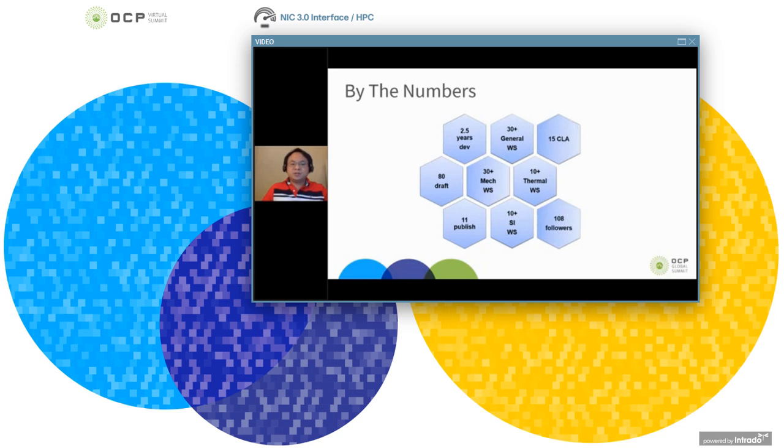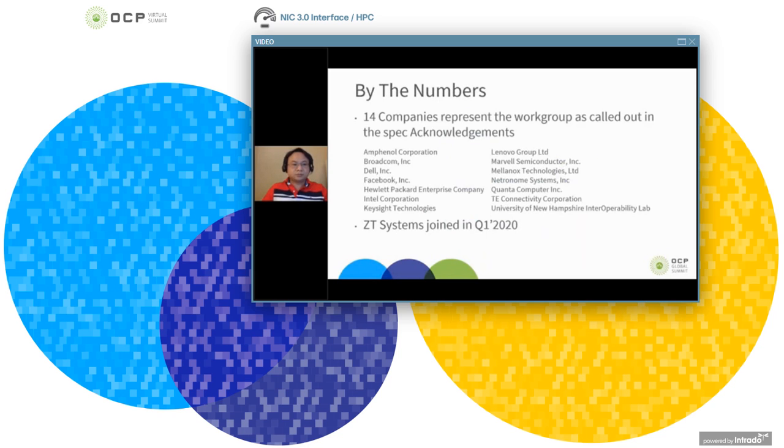Together with our 15 CLA members and our 108 followers, together we developed one spec. There are 14 contributing license agreement signed companies representing the workgroup as called out in our spec.